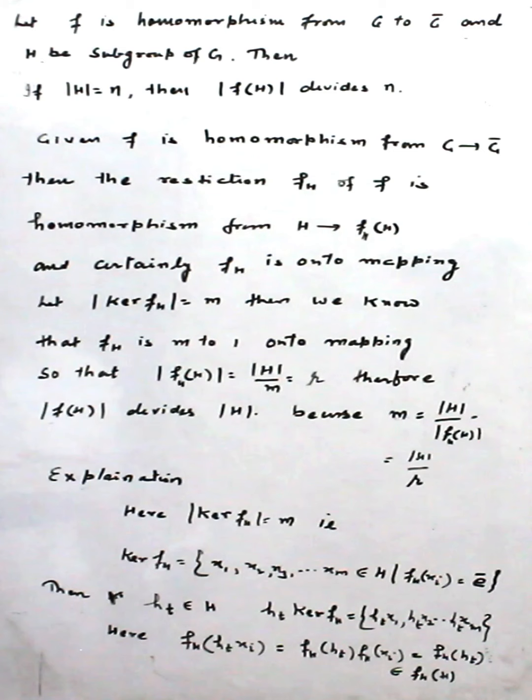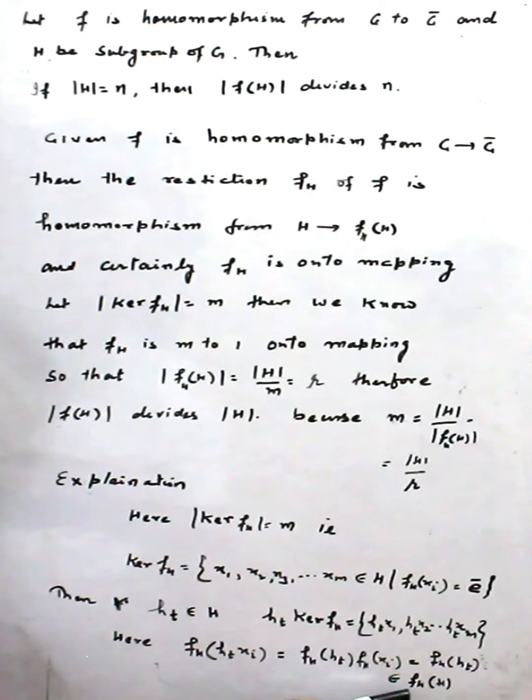This mapping is onto, which we have proved. Therefore, this has how many elements? The rest of the elements depend on t varying.